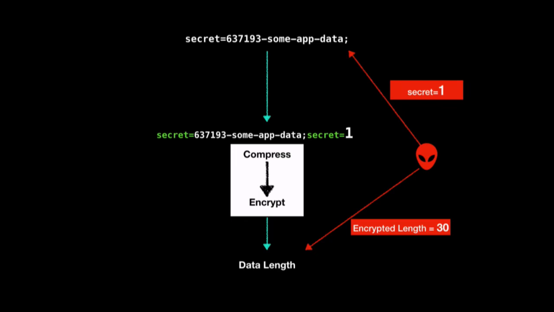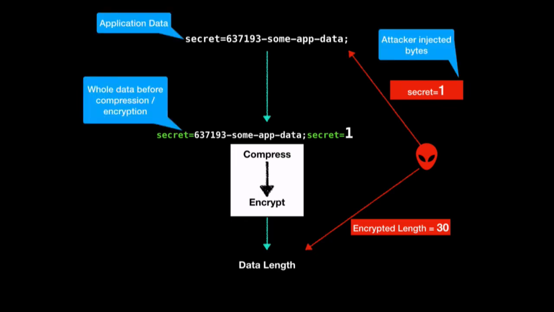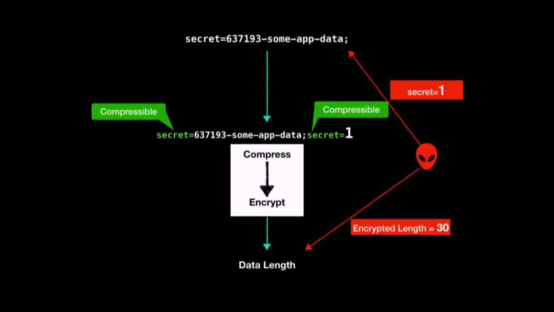If you see this interestingly, in what he chose here, the whole data before compression, the ones in green, can be compressed. The stream secret equals and the secret equals that the attacker injected are compressible. Now, of course, the one here doesn't match with the sits, which is the actual secret that he wants. So he keeps brute forcing that. 1, 2, 3, 4, 5.